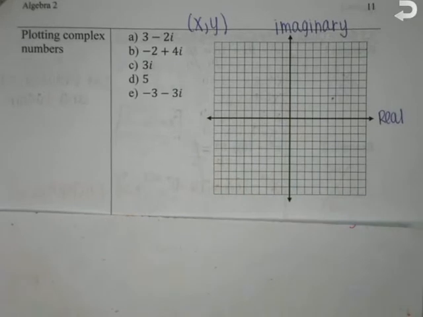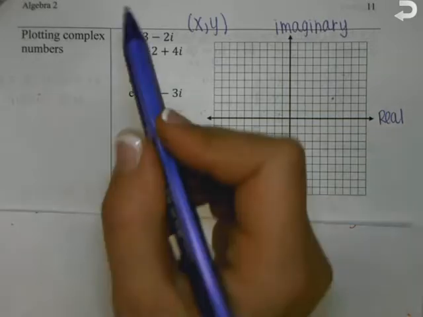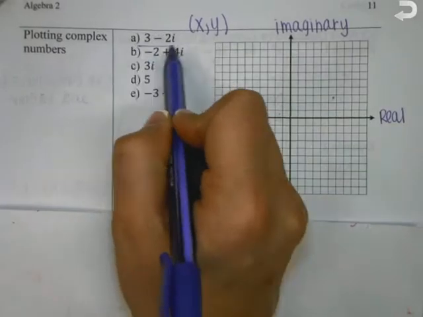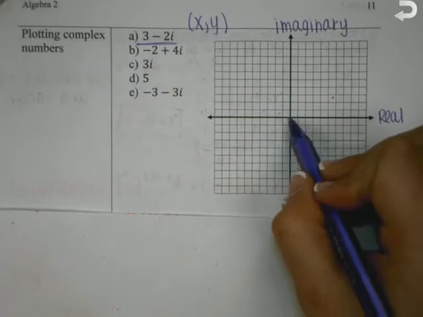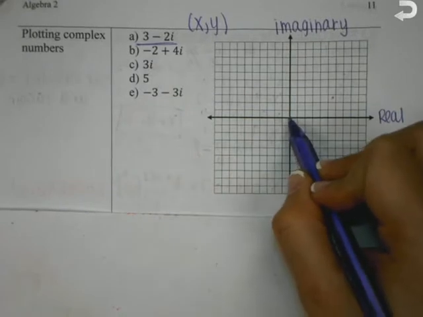And then let's look at this. In number A, I have 3 minus 2i. So my real number is 3. Starting from 0, I'm going to count to the right 1, 2, 3 spaces along the real axis. My imaginary number is negative 2i, so then I'm going to go down 2 spaces.